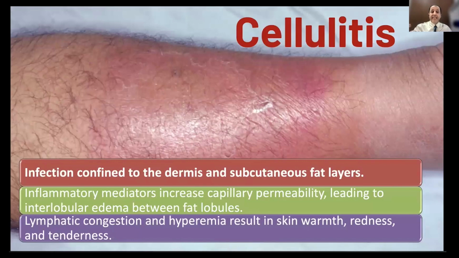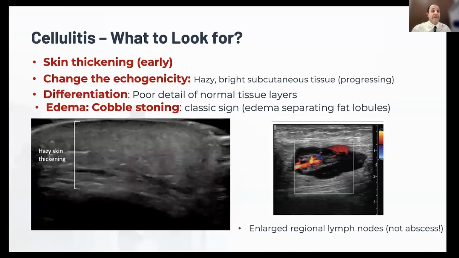Because of these inflammatory markers and increased capillary permeability, we have soft tissue edema that we can find on ultrasound.